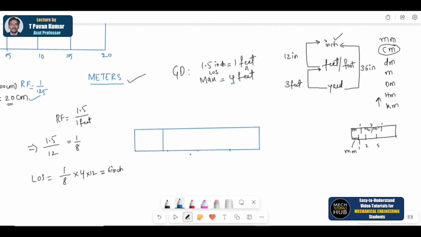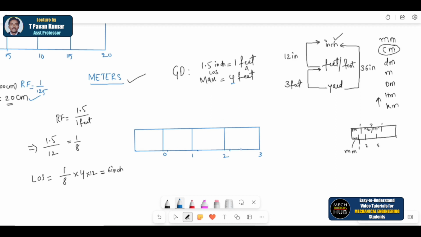Every division: first division, second division, third and fourth. Again the same old discussion, 0, 1, 2, 3. Each one division will read 1 feet. The maximum distance is in feet.